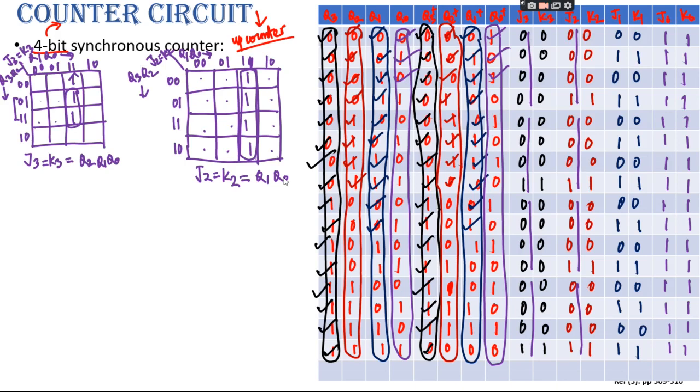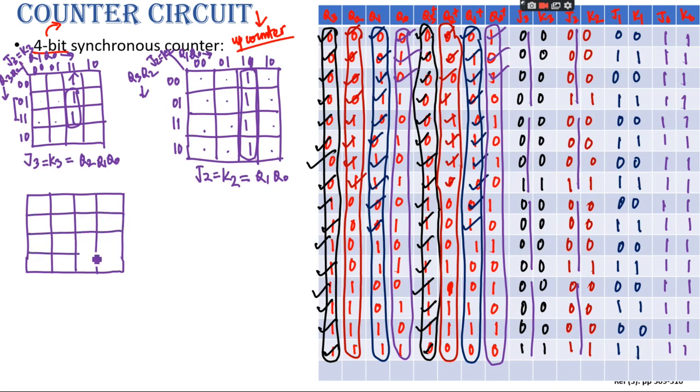Yes, sir. Now if I do the K-map for J1 K1, suppose this is Q3 Q2 along this direction, 0 0, 0 1, 1 1, 1 0, and then Q1 Q0 along this direction, so it should be 0 0, 0 1, 1 1, 1 0.